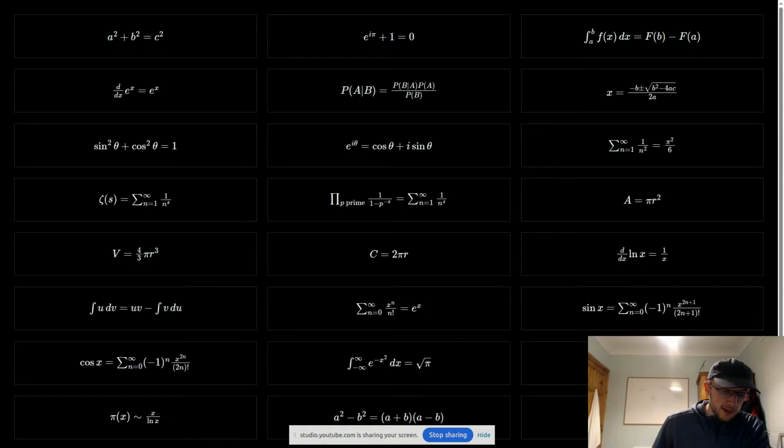This pattern persists for higher powers of sums and differences. X plus y all cubed is x cubed plus 3x squared y plus 3xy squared plus y cubed. And x minus y all cubed is x cubed minus 3x squared y plus 3xy squared minus y cubed.